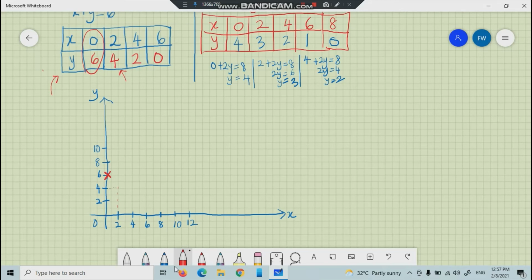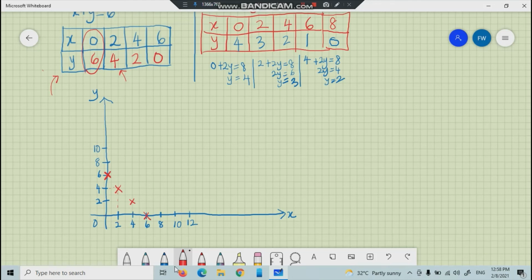I need to find the intersect. Okay, this is x2, y4, and x4, y is 2. And last one, x is 6, y is 0 on my x-axis.